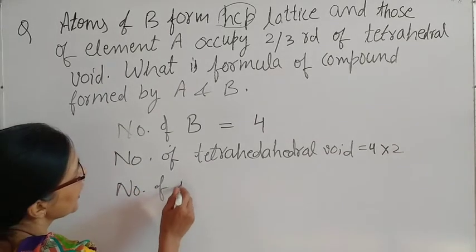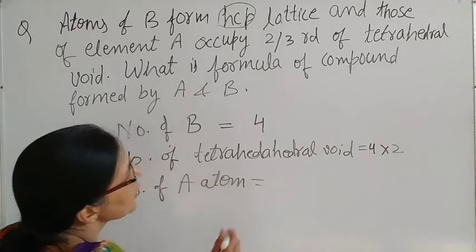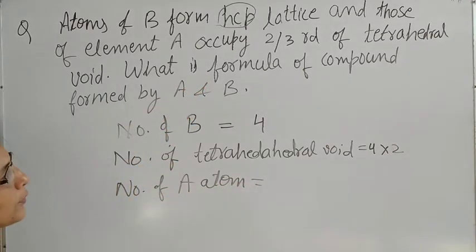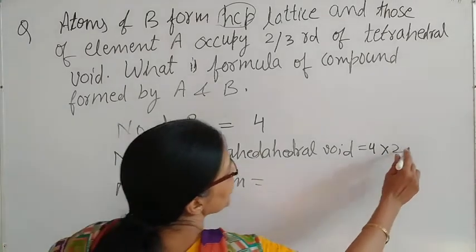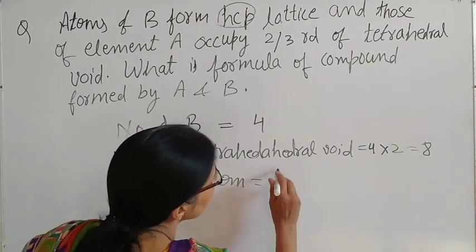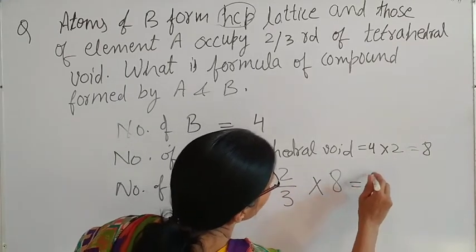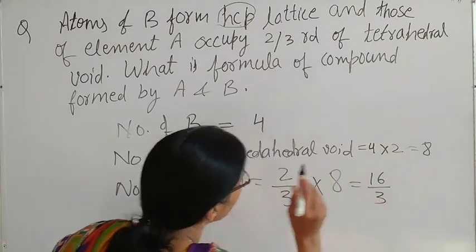The number of A atoms is equal to 2 by 3 of this part, 8. So 2 by 3 into 8. It will come as 16 divided by 3.